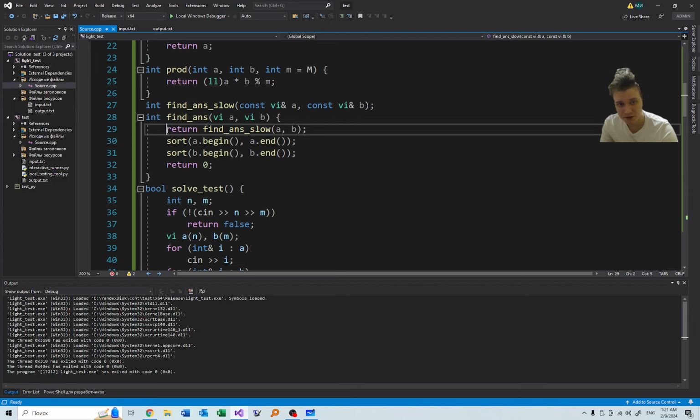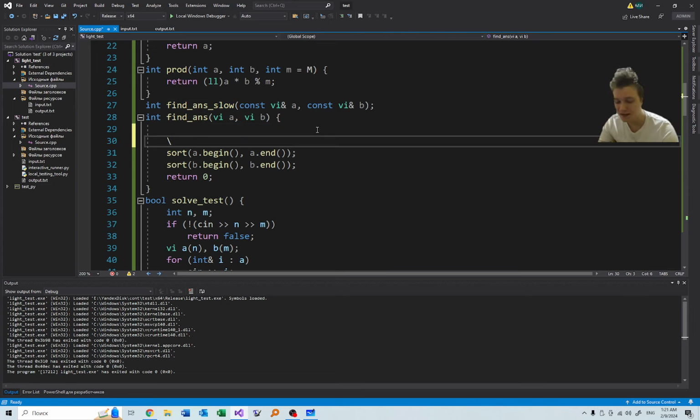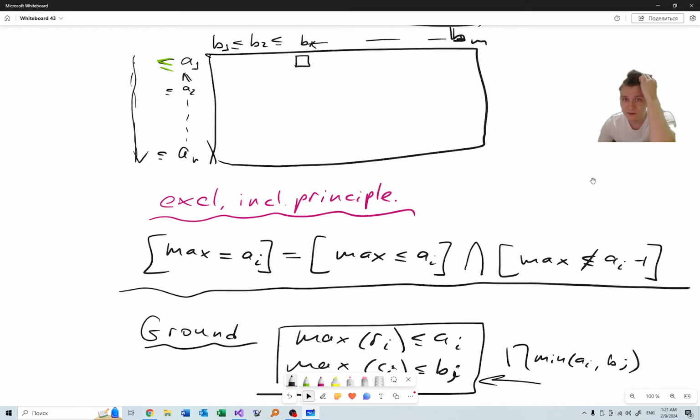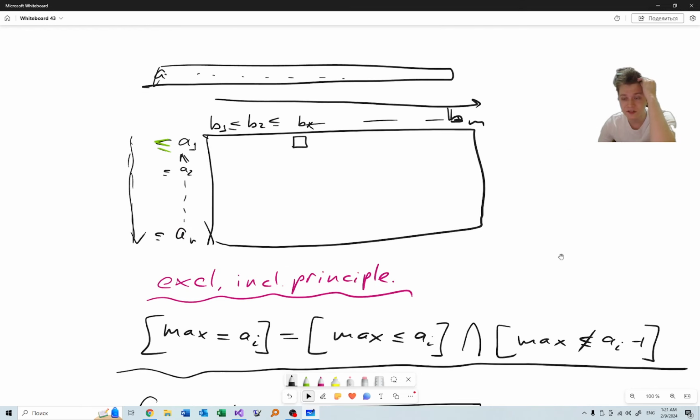Now we don't want to use it here. Instead, we would like to have some faster approach. To do that, we need to eliminate our exclusion-inclusion principle, because it takes exponential time, of course. So let's think. First of all, let's consider, for example, one column.